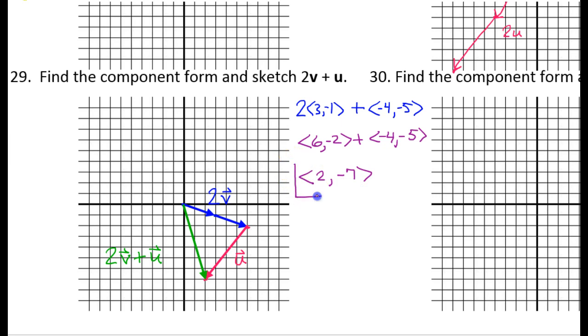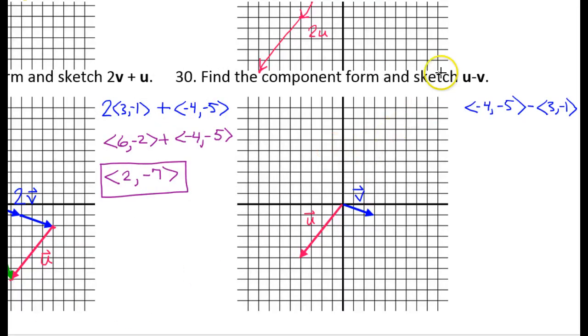Okay, so this should be the component form of 2v plus u. Let's see how that matches up with what we got graphically. This says right 2 and down 7, and sure enough, our resultant vector goes right 2 and down 7.